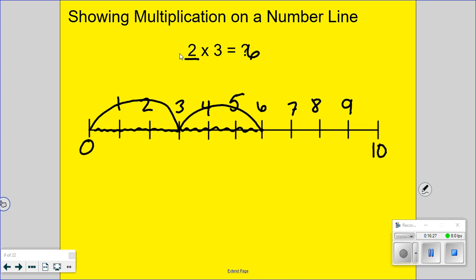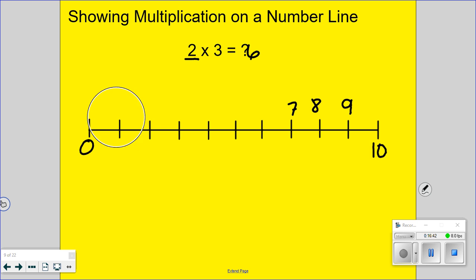You want to try another one? Draw another number line. We know how to do it. Trace the blue line that's already printed in your notebook. We're going to label it 0 to 10 again.